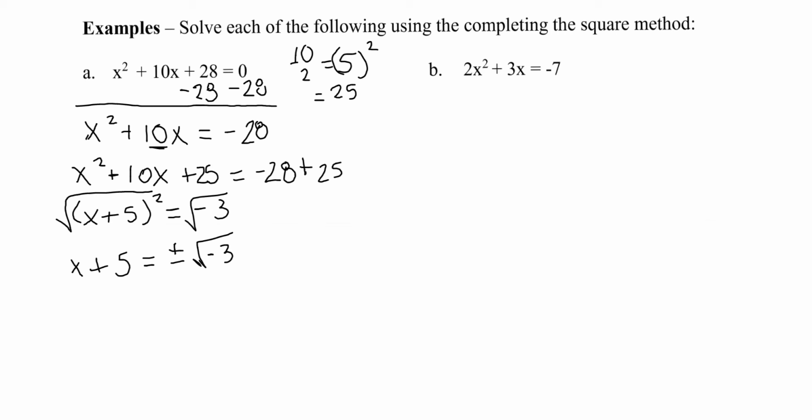And I'm going to go ahead and move the 5 over to the other side. So I'll have x equals negative 5 plus or minus. And my square root of negative 3, I can't leave the negative under the radical, so I'm going to make the negative 1 into an i and leave the square root of 3. So my final answer is negative 5 plus or minus i square root 3.